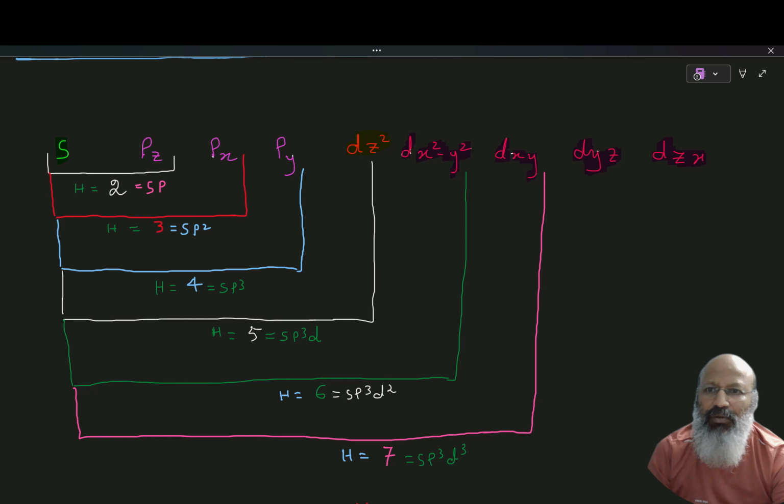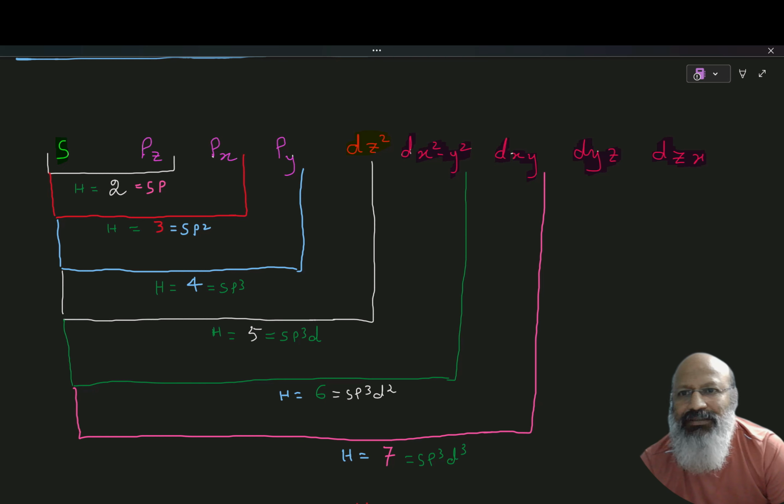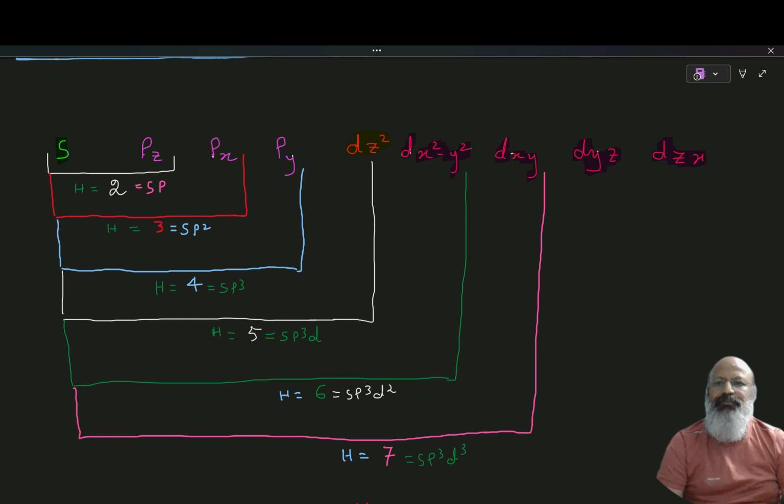You can see how I have arranged the orbitals, because all these orbitals are basically present in a shell. Of course, for all these orbitals to be present, the minimum shell should be 3. So it is 3s, 3pz, 3px, 3py, 3dz square, like that it will go.